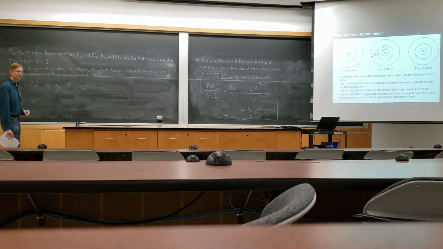Because we have L, m sub L, and m sub S values. L equals 0 has just m sub L is 0, m sub S is plus or minus 1/2, so that's 2 states. And then L equals 1 has m sub L could be minus 1, 0, or 1, each of which comes with 2 states, so that's 6 more states for a grand total of 8 states that can correspond to n equals 2.